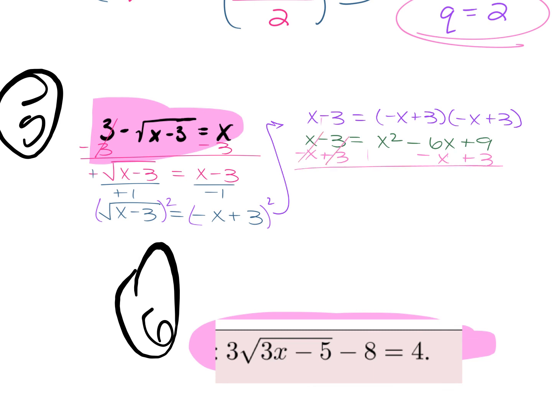That gives you x squared minus 7x plus 12 is equal to 0. Your factors of positive 12 that add to be negative 7 are negative 3 and negative 4. So that's x minus 3 times x minus 4 is equal to 0. Set them both equal to 0 and solve them.